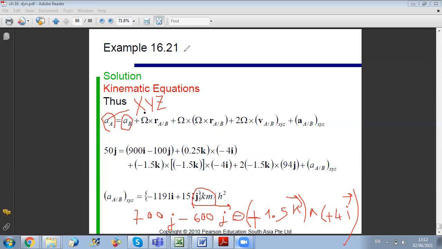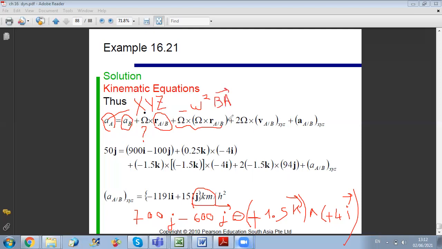We have all the information to find them. This vector BA we already found. Now we have something new, which is vector alpha. Omega we already found, and since it's 2D, we can replace this term by minus omega squared times vector BA.